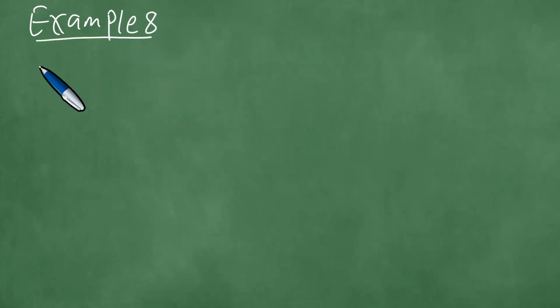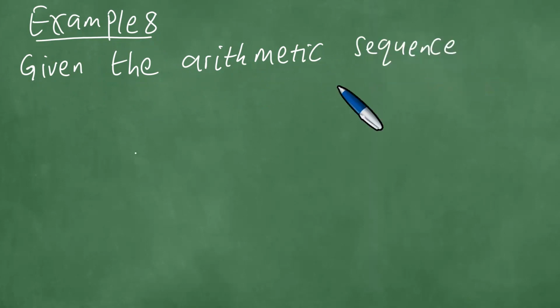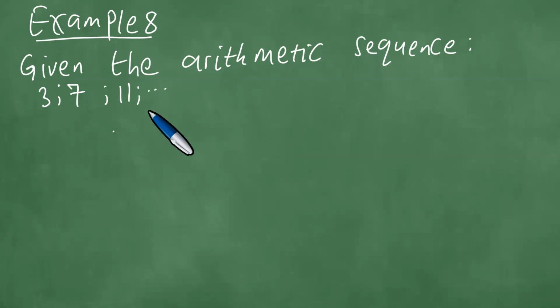In example 8, we are saying given the arithmetic sequence 3, 7, 11, and so on.